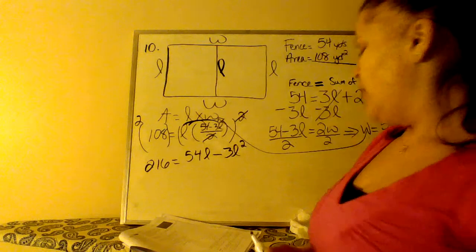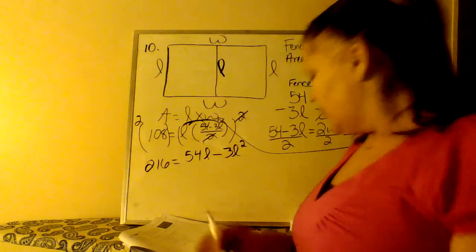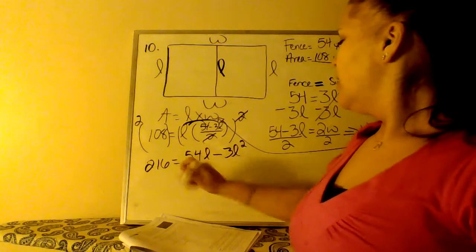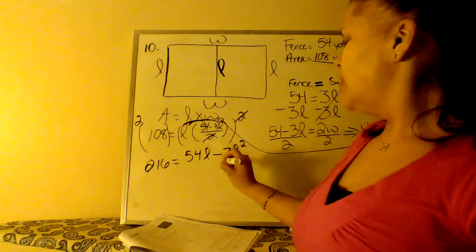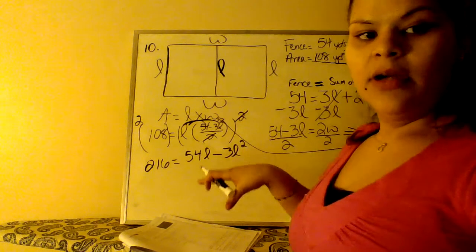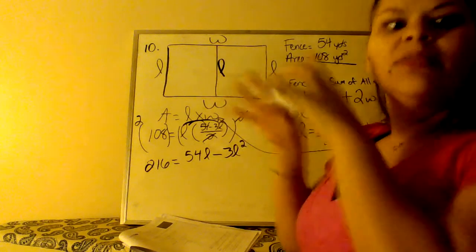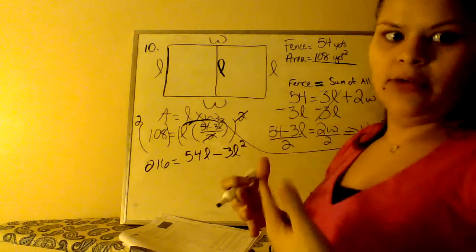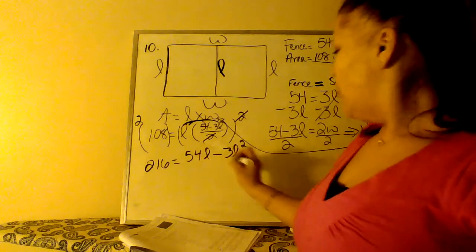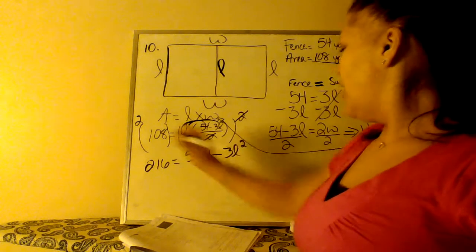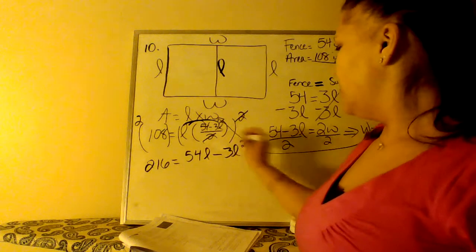Now we have this going on here. So what we're going to do next is move this around to make it in the form of ax squared plus bx plus c equals 0. So we're going to set it up. I'm going to move this to the left. I'm going to make this positive here.